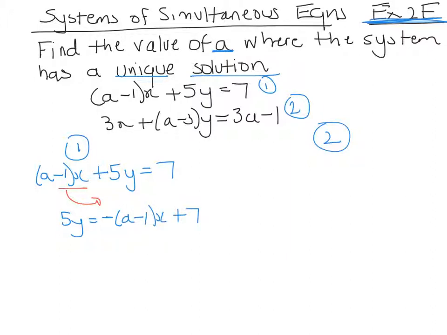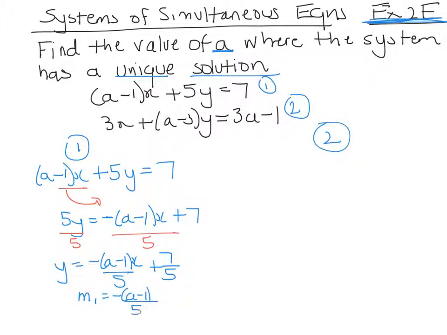Next I'll divide both sides by 5. Then y is equal to minus (a minus 1)x over 5 plus 7 over 5. So in equation number 1, the gradient is minus (a minus 1) over 5, and the y-intercept is 7 over 5.